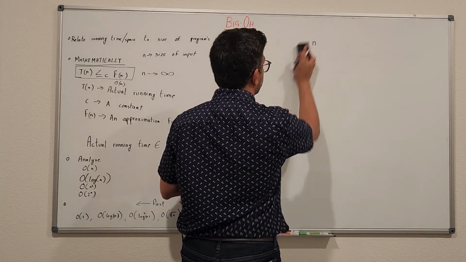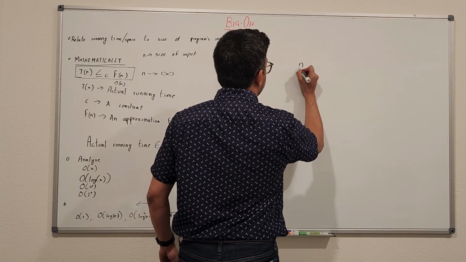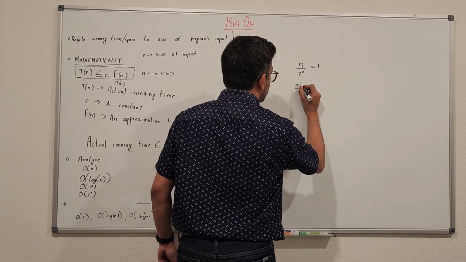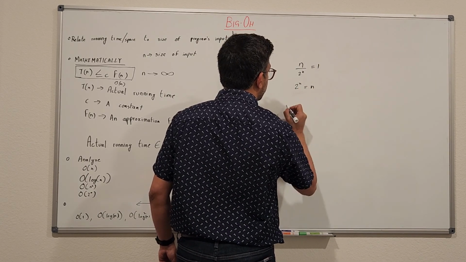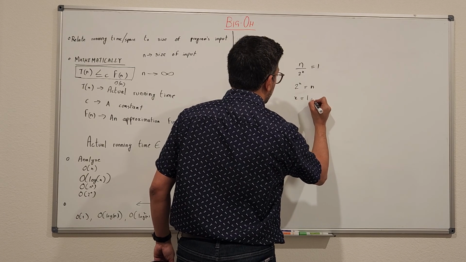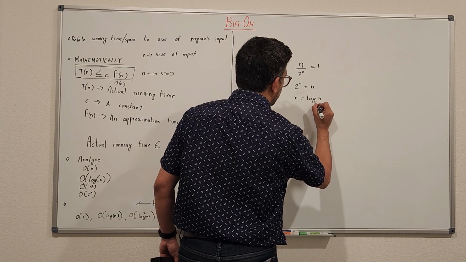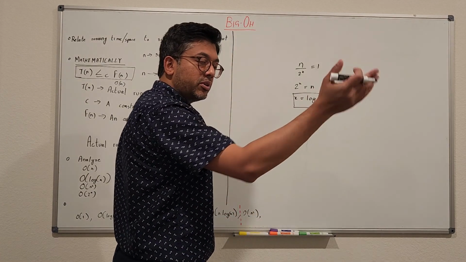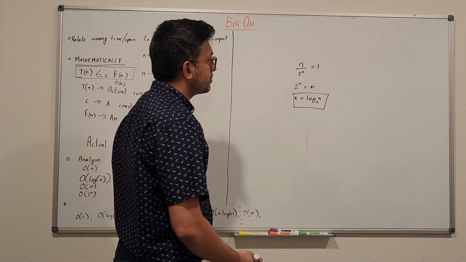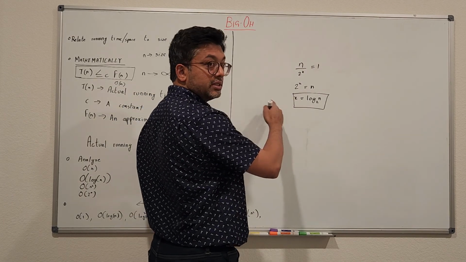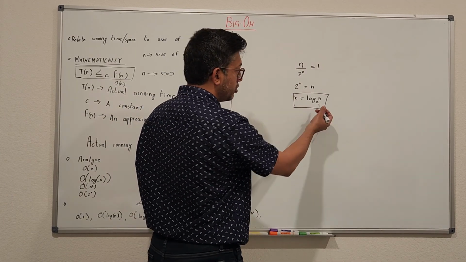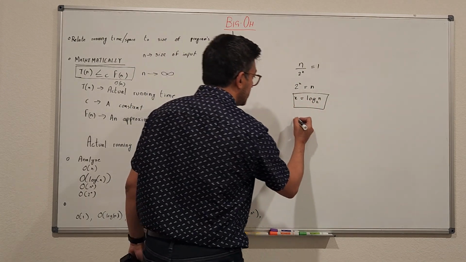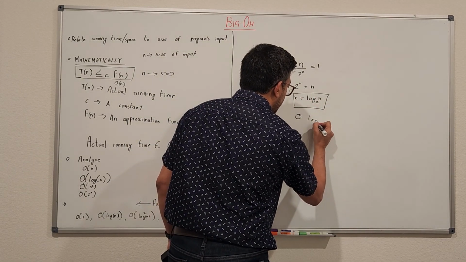Let me write it more clearly. n divided by 2 raised to x equals 1, which means 2 raised to x equals n, which means x is log of n to base 2. So x is the number of times I'm dividing by 2, which is the number of operations. I want to tie the number of operations to the size of the input, which is n. So the number of operations is log of n. So that's why I would say this is BigO of log n.